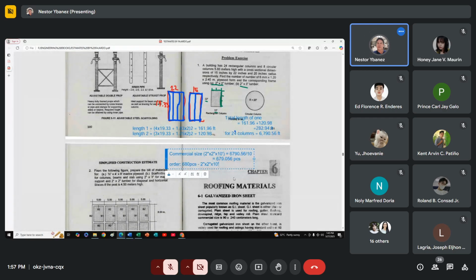That is for the frame. If it is 2 by 3, the cross-sectional dimension does not matter, only the length. So the number of pieces is the same for 2 by 3, still 680 pieces of 2 inches by 3 inches by 10 feet, unless you change the length.